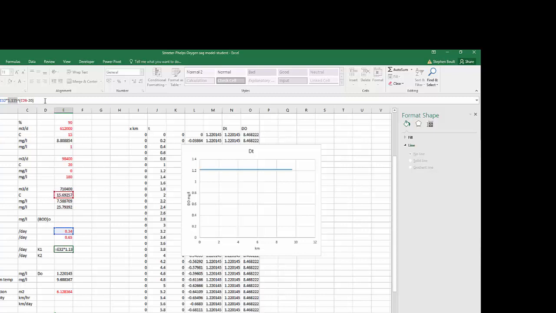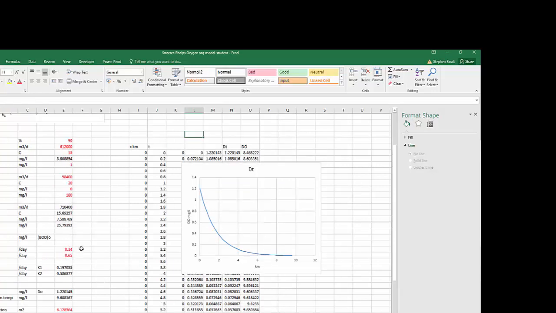So we've got the K value at the standard temperature, E32, multiplied by 1.135 raised to the difference between the measured temperature and the standard temperature being 20, so E26 minus 20. It's exactly the same for K2, except that K2 has a different temperature constant, 1.024. These are all found by experiment.